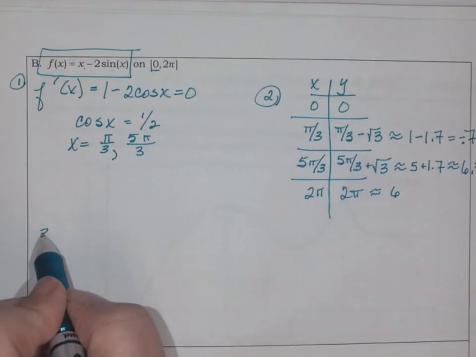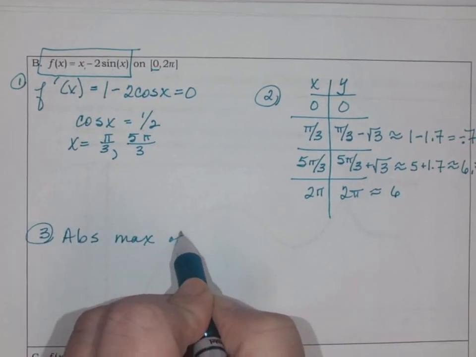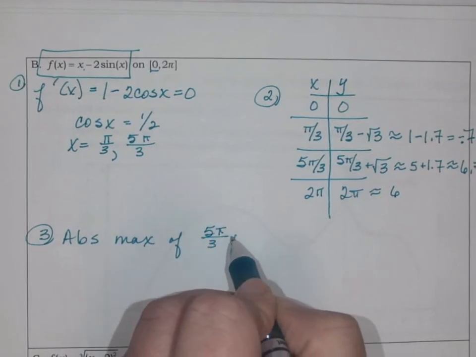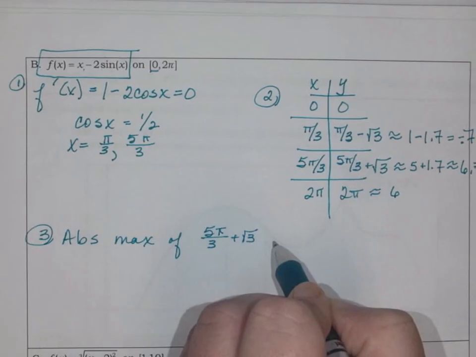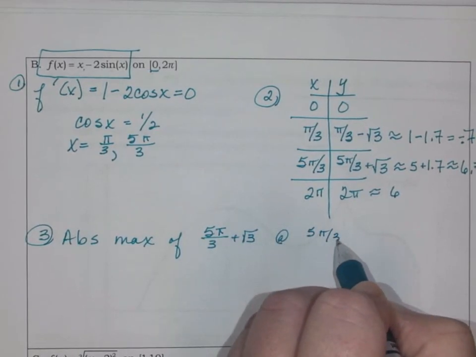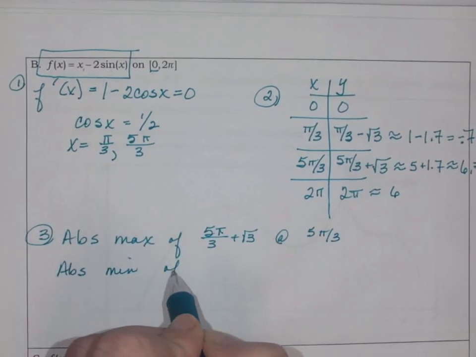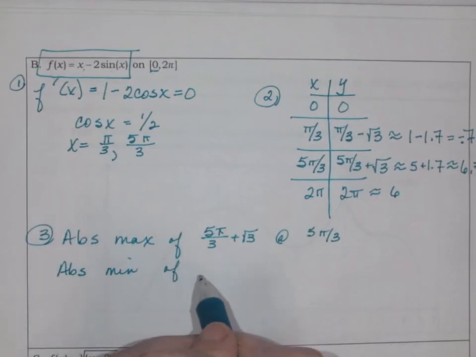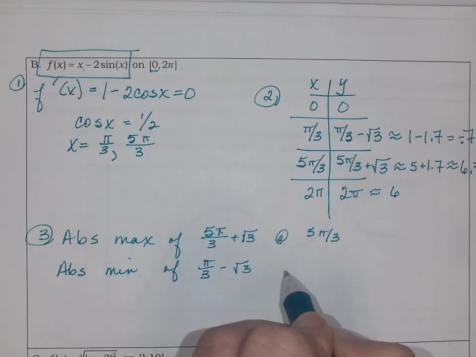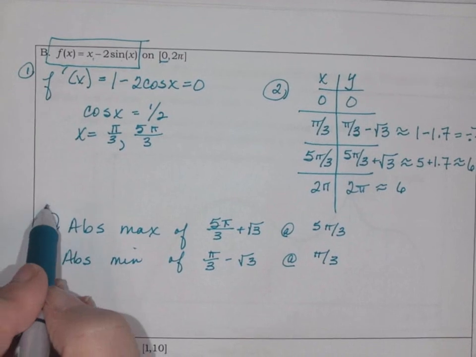So my absolute max of 5 pi over 3 plus square root of 3 at 5 pi over 3, an absolute min of pi over 3 minus square root of 3 at pi over 3. There we go. There's our answer.